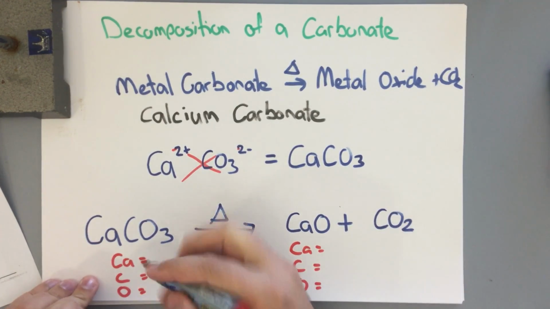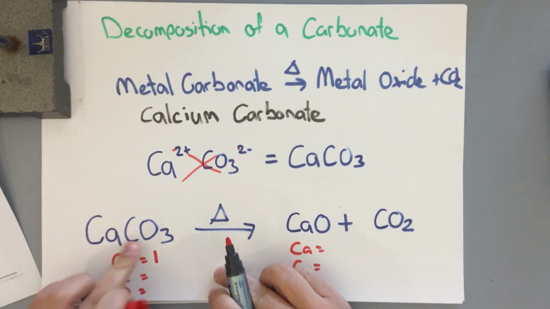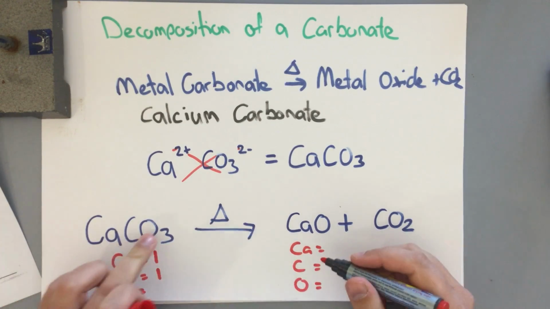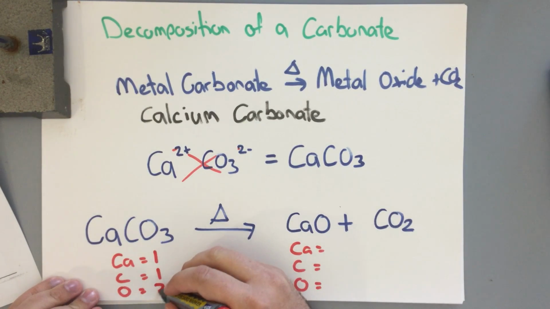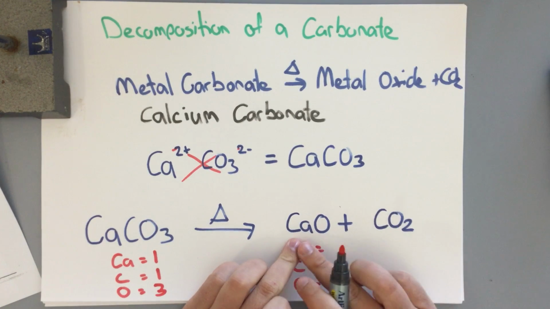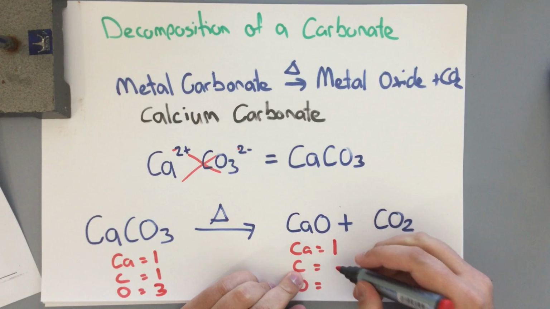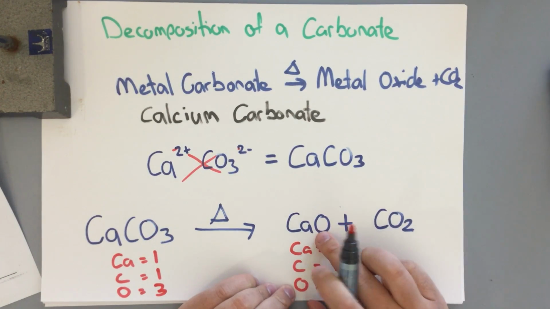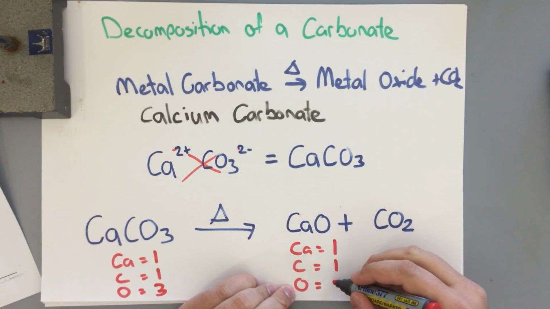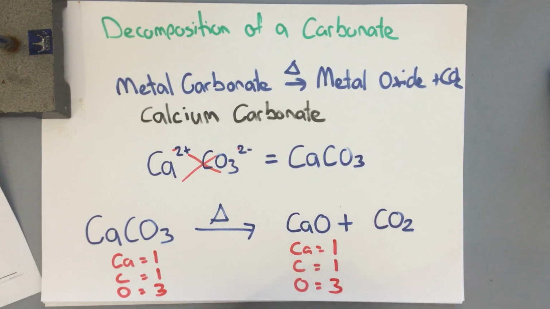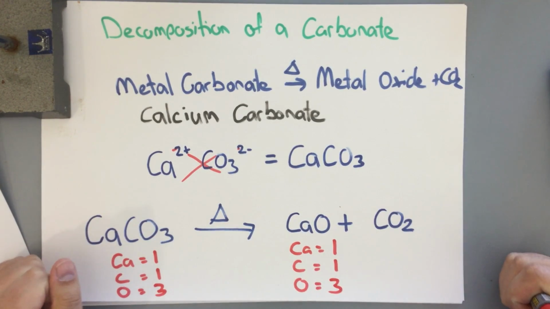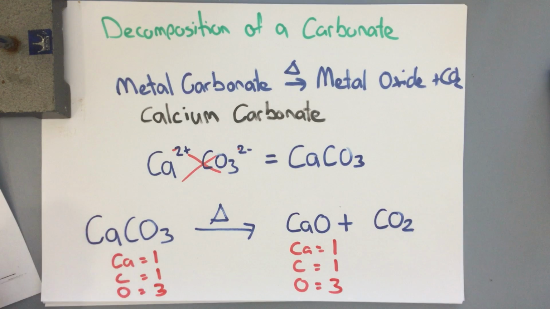So we have 1 calcium, 1 carbon, 3 oxygens. On this side we have 1 calcium, 1 carbon, and 1 plus 2 equals 3 oxygens, which tells us that this is now a balanced equation.